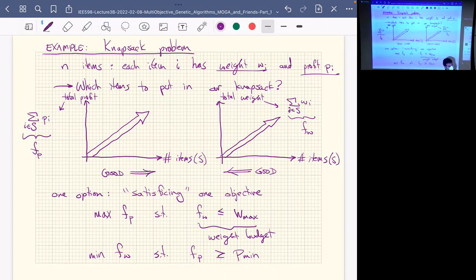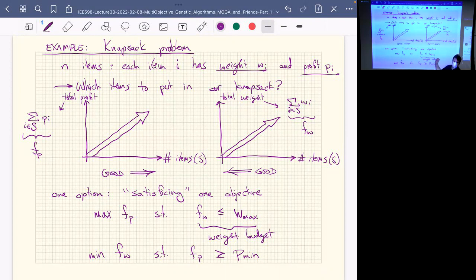Can somebody else think of another way we could use optimization approaches to blend these two optimization objectives? You've got two objectives, one that you'd like to minimize, one you'd like to maximize. There's another comment about using dynamic programming. We have to say, again, how do we write out the dynamic program for this?